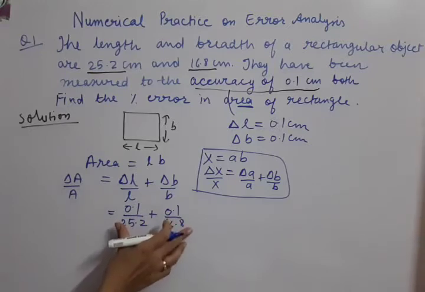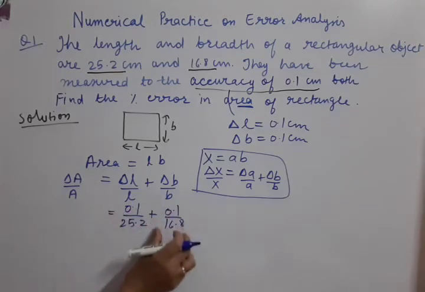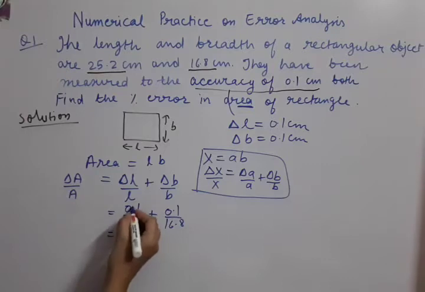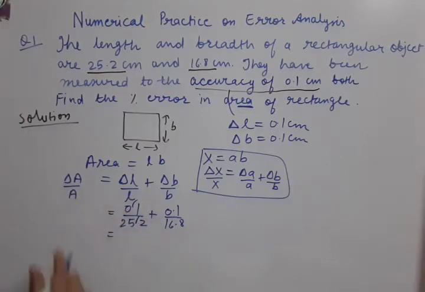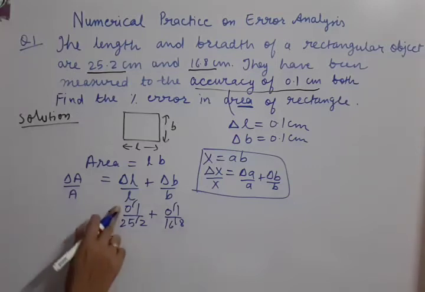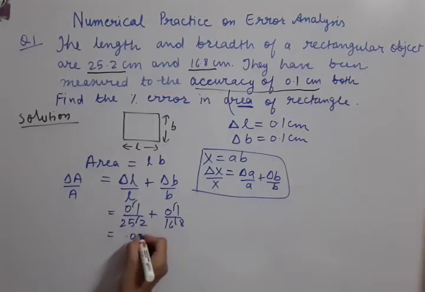Now students, whenever you get this type of expression in which some complicated values are there, you always solve this individual part first. Don't take LCM. If we solve it individually, one point is removed, here also the point is removed. So 1 upon 252, if we divide it, it will come 0.003.